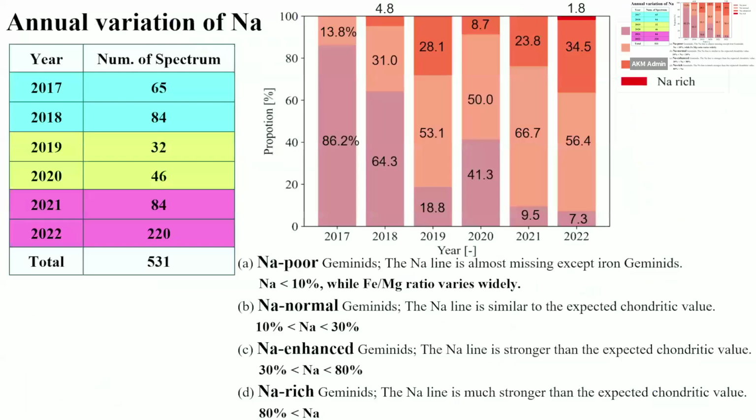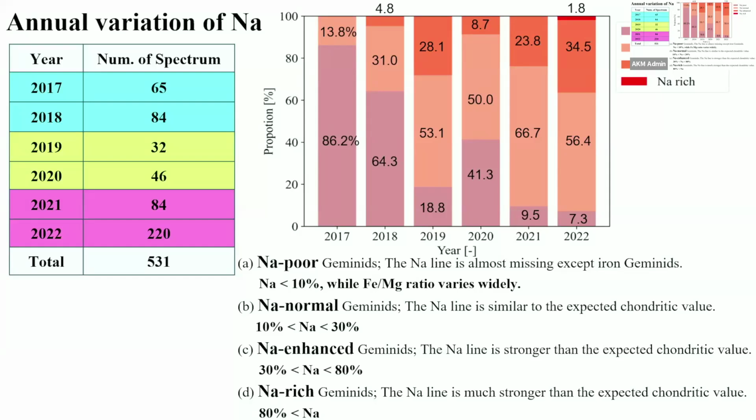Okay, here is a summary of the spectra obtained so far. Since 2017, we have had a campaign observation for Geminids, collaborating with amateur astronomers. Basically we have 2 or 3 locations in Japan, depending on the weather conditions. Each year the number of detected meteors is different because the weather conditions are different. Here is the definition of sodium content.